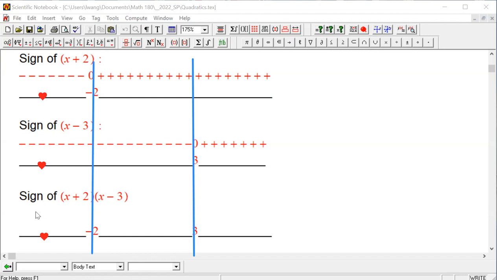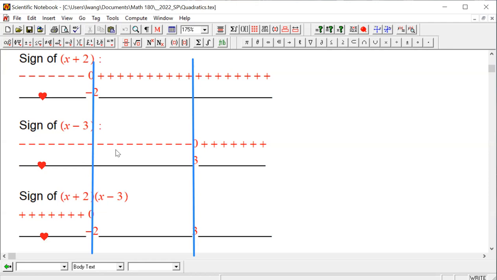So they are negative, and negative times negative is going to be positive. So for any number less than -2, the product is going to be positive. At -2, when x equals -2, we have 0 multiplied by a negative number, so the product is going to be 0.